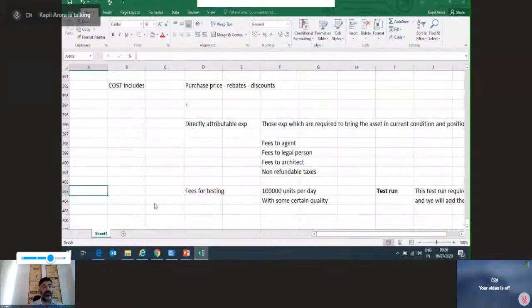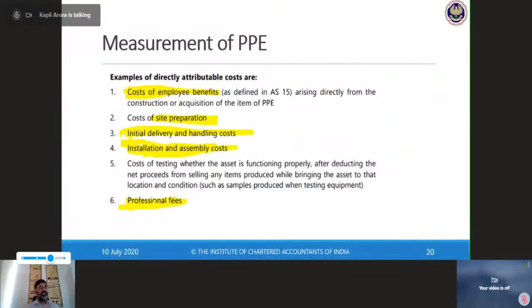So employee benefit is nothing but the amount which we are paying as my employee's salary, or any bonus which we are giving. So generally the labor who is working on my project, their cost will be added in the value of the asset. Those who are not working on that project, for example, let's say my accountant is not working on that project. He is a general employee.